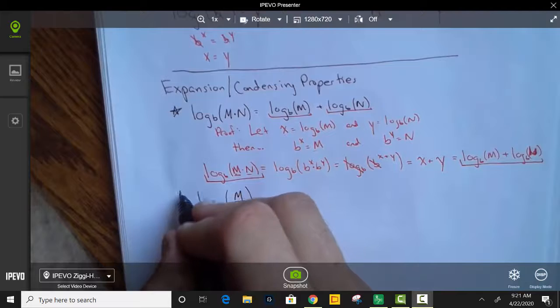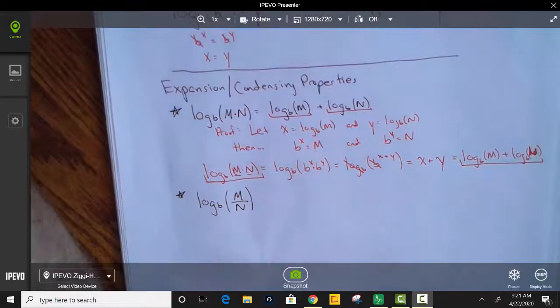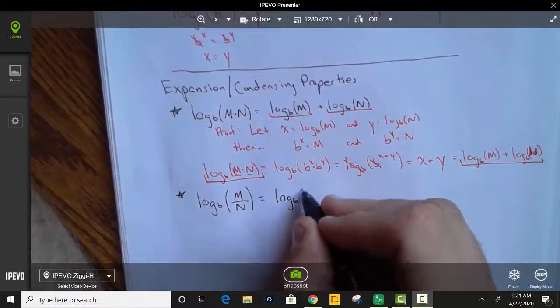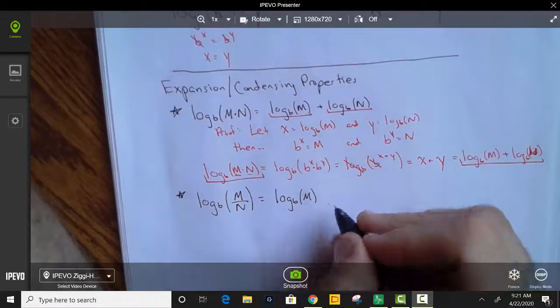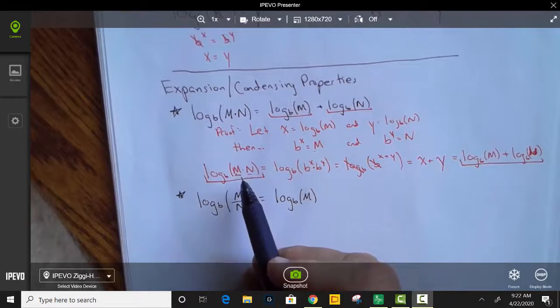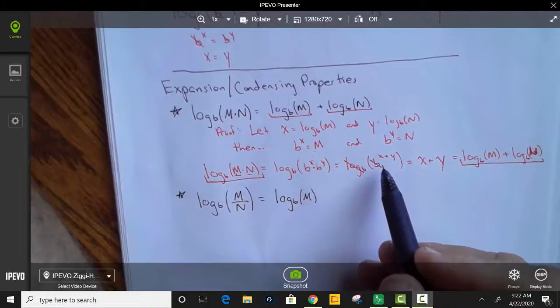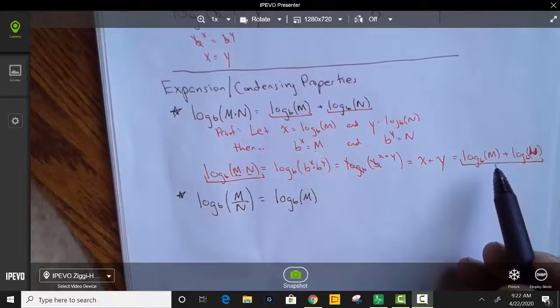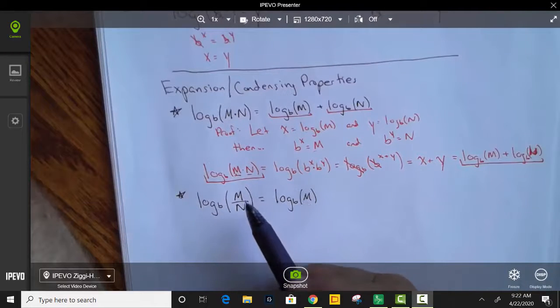So the next one, log base b of m over n. Well, that would expand to log base b of m. And let's think about this, guys. In exponent properties, when you're multiplying, you add the exponents. So multiplication inside of a logarithm turns into an addition. Go back to exponent properties.